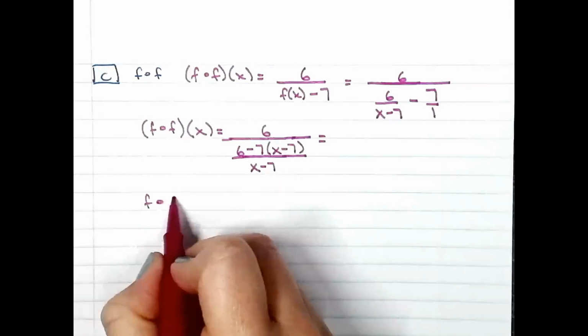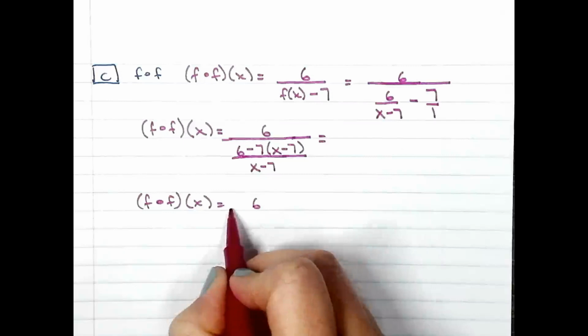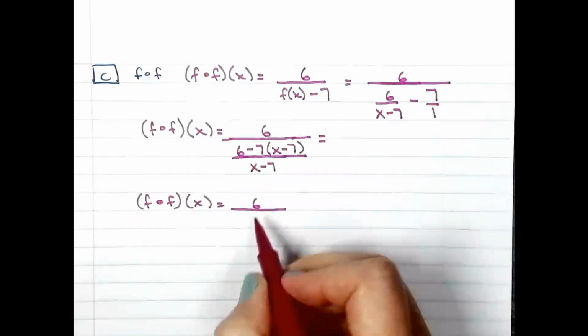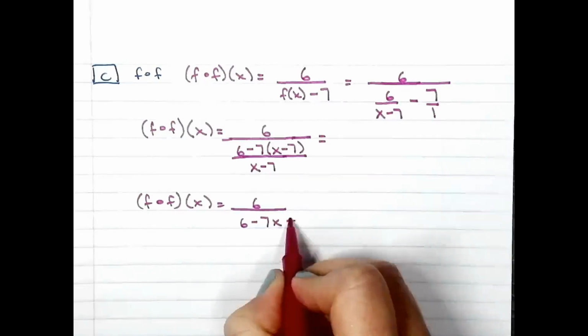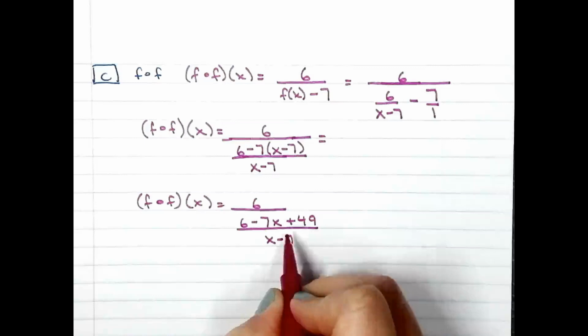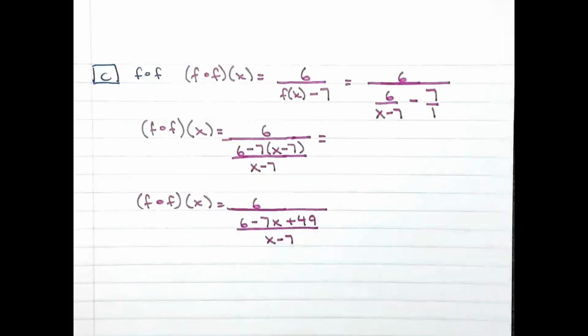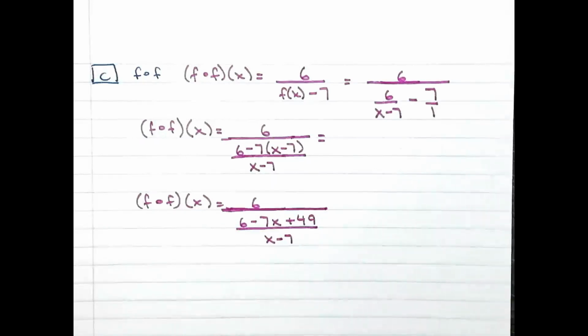Okay, f compose f of x. I have numerator right there. I'm going to clean this up. So I have 6, distribute negative 7. The denominator x minus 7 is still there. And this is the main fraction.